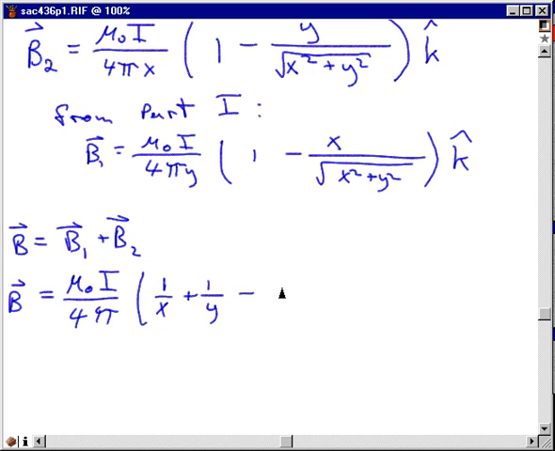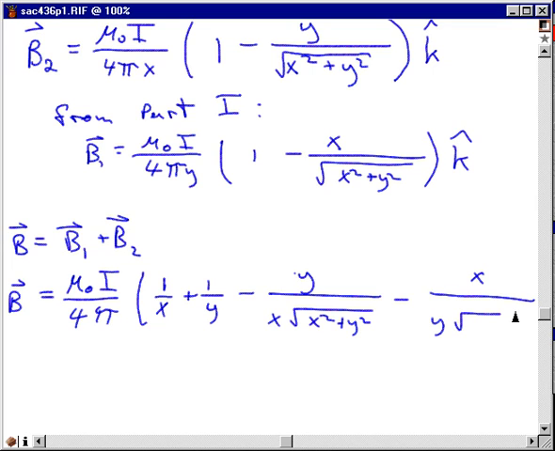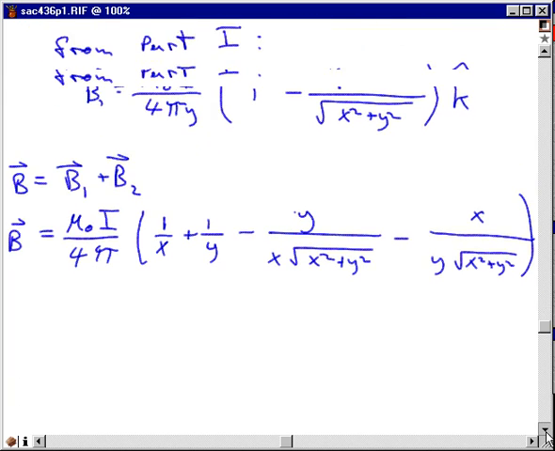And then minus, I go y over, I'm getting this B2 part, x times the square root of x squared plus y squared, and then minus this piece here, the 1 over y, times x over the square root of x squared plus y squared. And there's B.